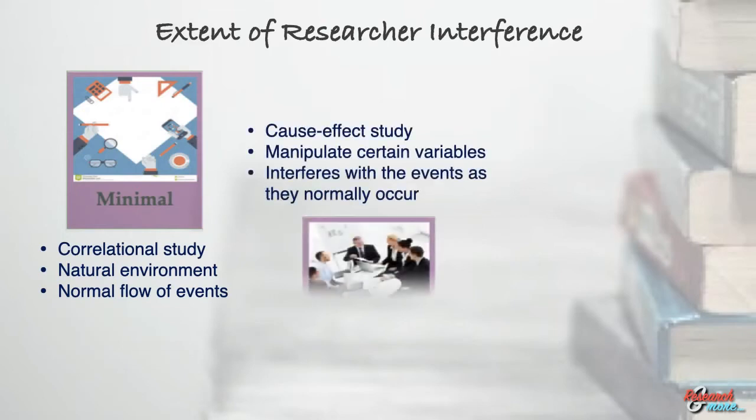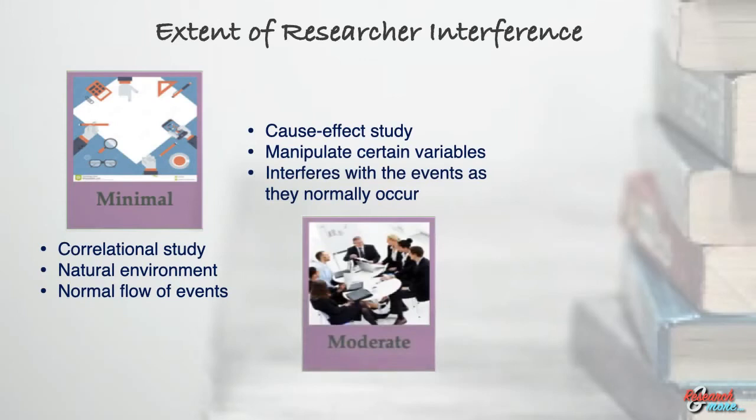In studies conducted to establish cause and effect relationships, the researcher tries to manipulate certain variables so as to study the effects of such manipulation on the dependent variable of interest. In other words, the researcher deliberately changes certain variables in the setting and interferes with the events as they normally occur.